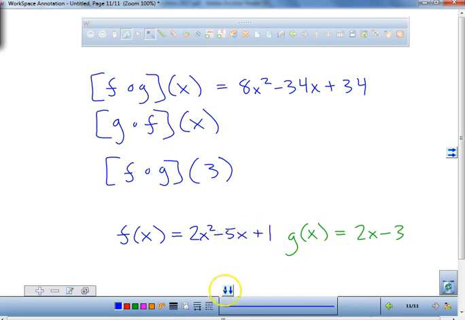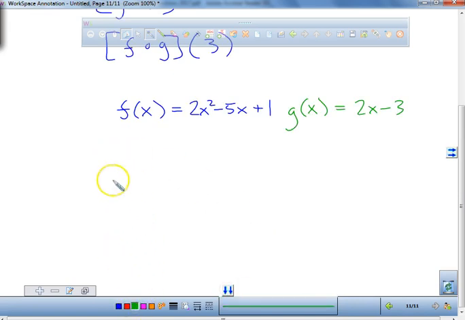Now, here we go. If I say, what is G of F of X, that means I'm taking F of X, and what am I doing with it? I'm plugging it into G of X. So G of X by itself is 2x minus 3.